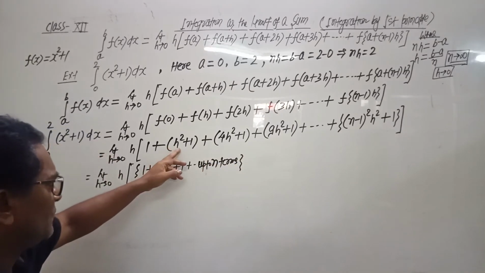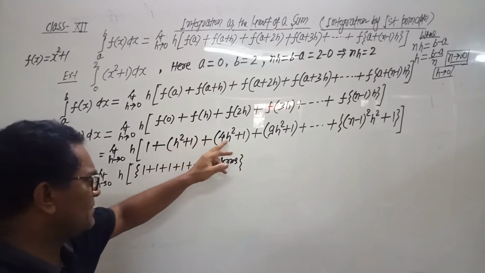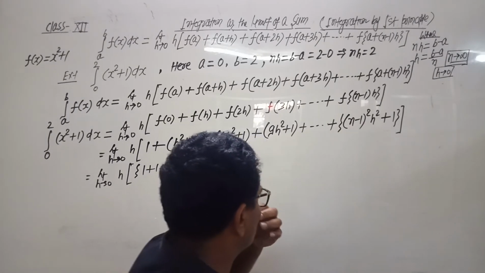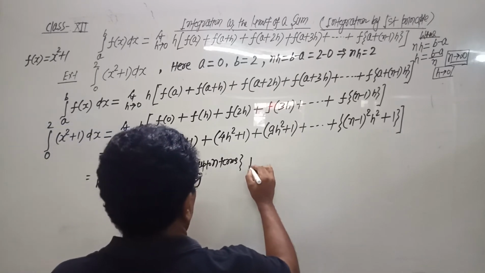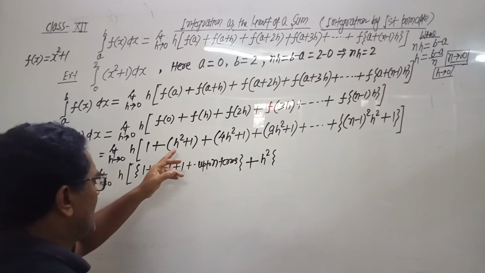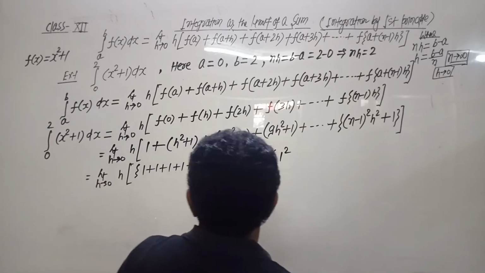Then from these terms containing h square plus 4h square plus 9h square plus up to n minus 1 square h square, h square is taken common. So plus h square, and h square can be written as 1 square h square.